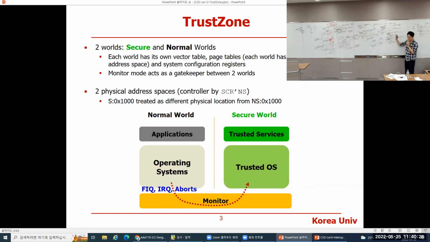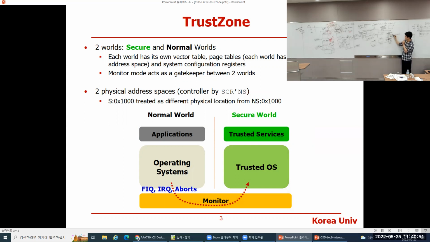Yes, so let me explain. With this example, this second 1 gigabyte, forget about 1 gigabyte. Let's say this is 1,000. What about this second memory, the normal world memory? Let's say this is the 1,000 location.